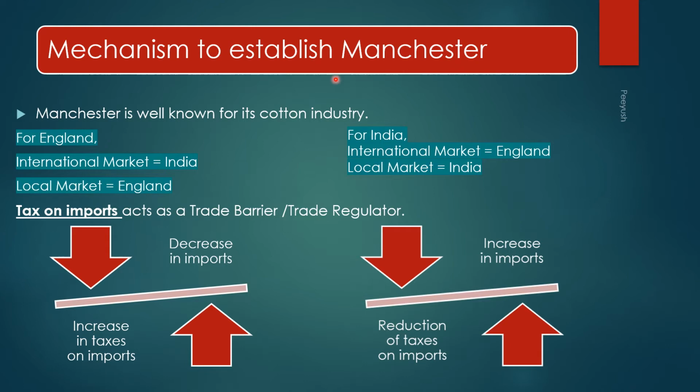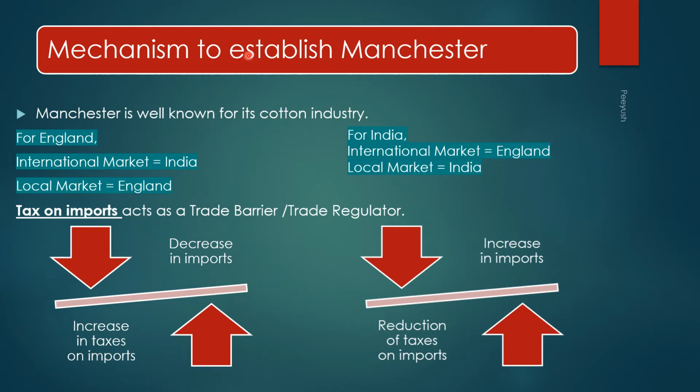Before understanding this, it's very important to understand what the international market was and what the local market was. For England, the international market was India, and the local market, of course, was their own country, England. Just the opposite for India: the international market was England and the local market was India.